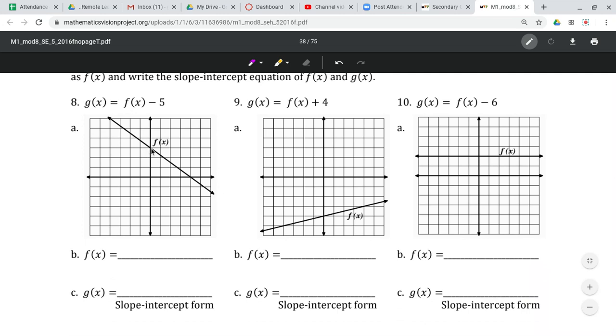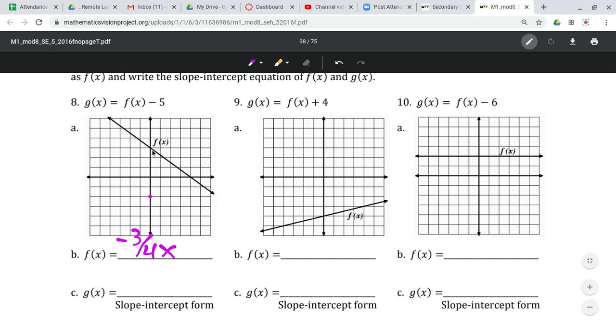So we're going to start with the y-intercept, and we're just going to go down 1, 2, 3, 4, 5. And then the slope of f of x looks to be down 1, 2, 3 over 1, 2, 3, 4. So we've got a negative 3/4 slope.